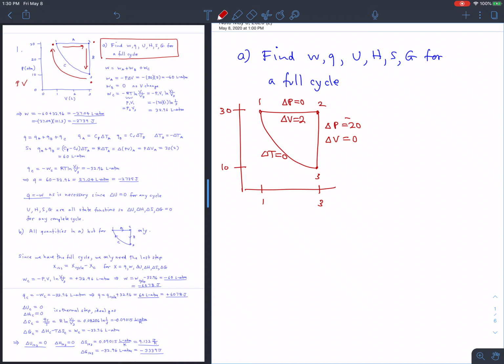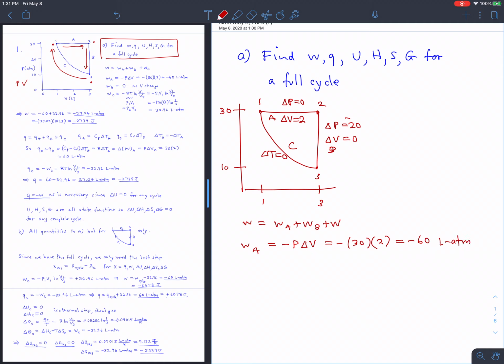So we want work. Let's call this A, this B, and this C. So work is going to be WA plus WB plus WC. WA, it's an isobaric process, so a constant pressure process, so minus P times delta V. That's equal to minus 30 atmospheres times a delta V of 2 liters, for minus 60 liter atmospheres.